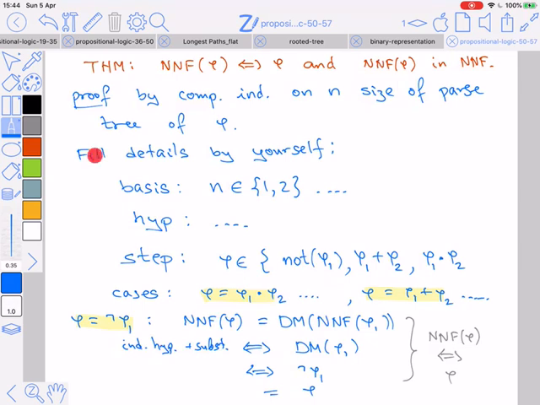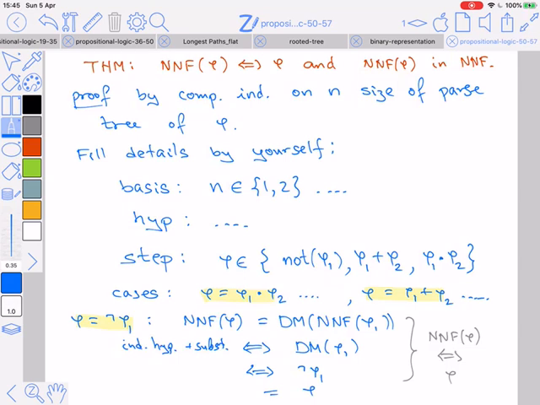You're supposed to fill them in by yourself. So complete the induction basis when n equals 1 or 2. State the induction hypothesis, and let's skip over to the induction step. So we know that phi has one of 3 forms: negation of phi 1, or of phi 1, phi 2, and of phi 1, phi 2.